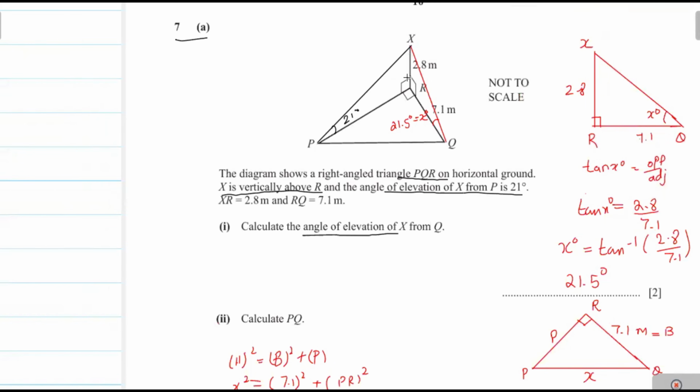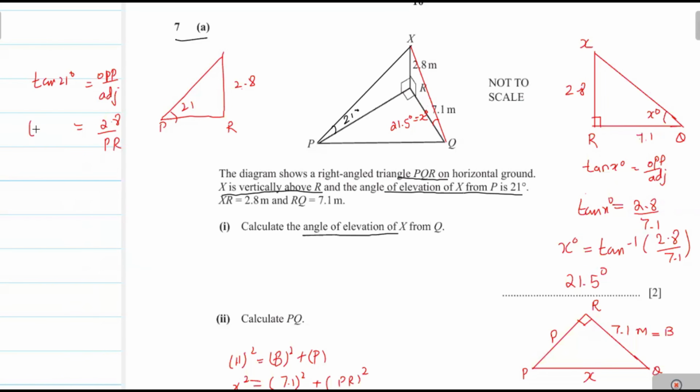Now you see here this is the right angle triangle, and we have to find the PR length, and this angle is 21 degrees, this is 2.8. Now opposite over adjacent equals tan x degrees. Here it is tan 21 degrees, and the opposite side is 2.8, and the adjacent length is PR.